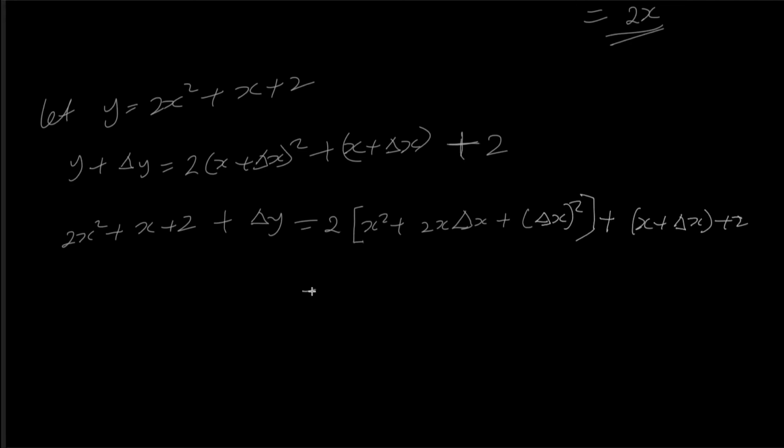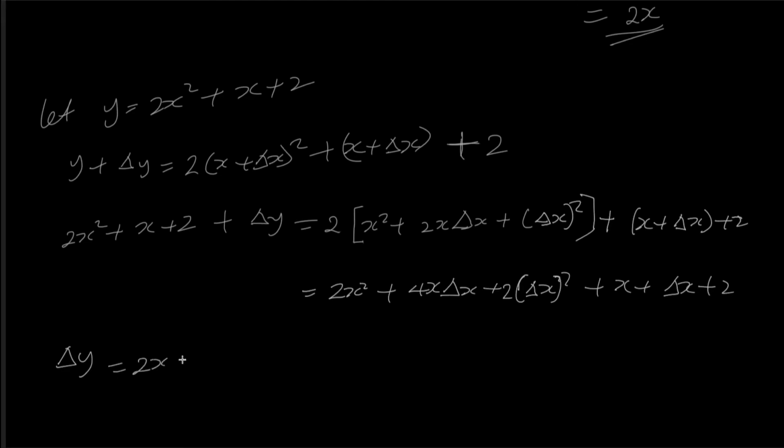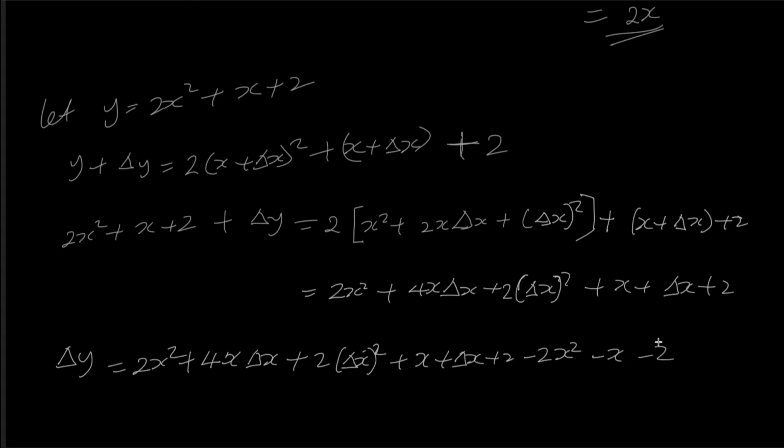So work on this now. We're going to have 2x squared plus 4x delta x plus 2 delta x squared plus x plus delta x plus 2. So let's take every other thing to the right hand side. We're going to have only delta y remaining here. We're going to have 2x squared plus 4x delta x plus 2 delta x squared plus x plus delta x plus 2. Then all this will come to be minus 2x squared minus x minus 2. So this and this will go, this and this will go, this and this will go.